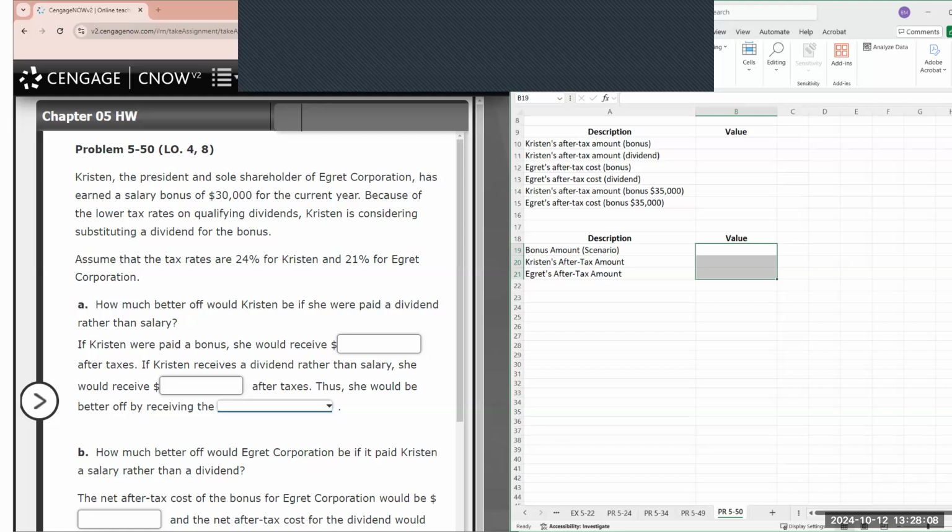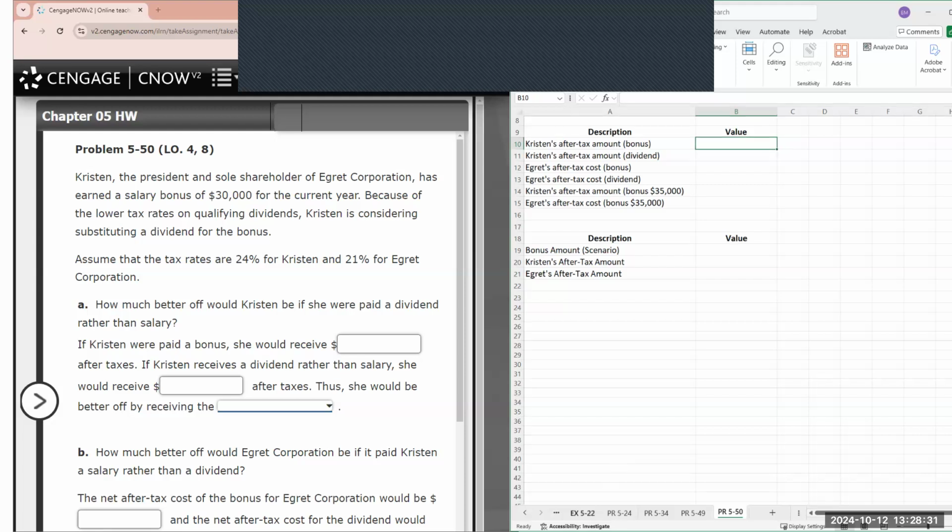So in this case, in the event that Kirsten receives the $30,000, we want to determine what is her after-tax bonus amount.